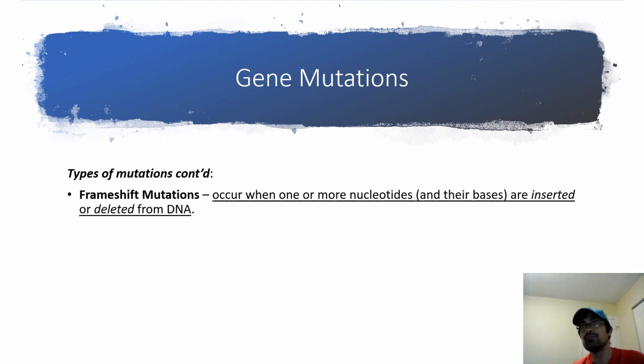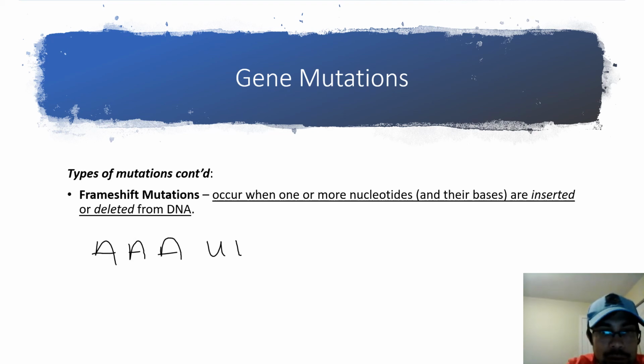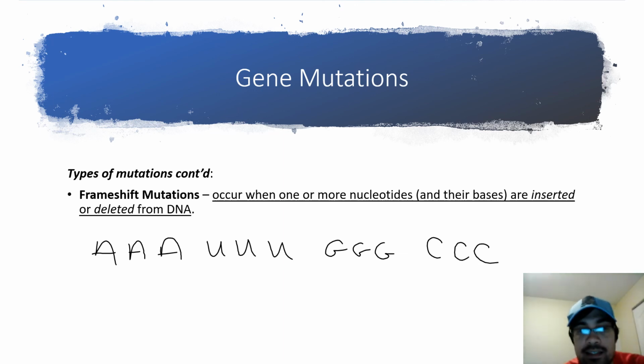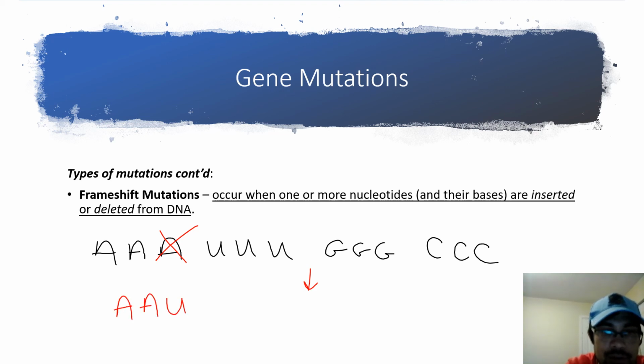You can think of it this way: let's say you had a sequence of A, U, G, G, G, C, C, C, just for simplicity's sake. And let's just say for some reason this original A gets deleted. That means the new sequence is going to be U, G, G, G, C, C, C.